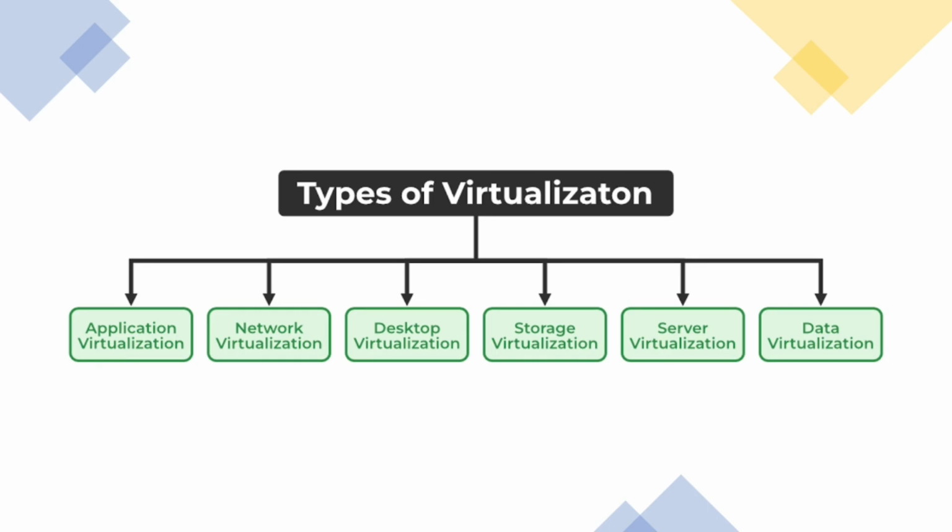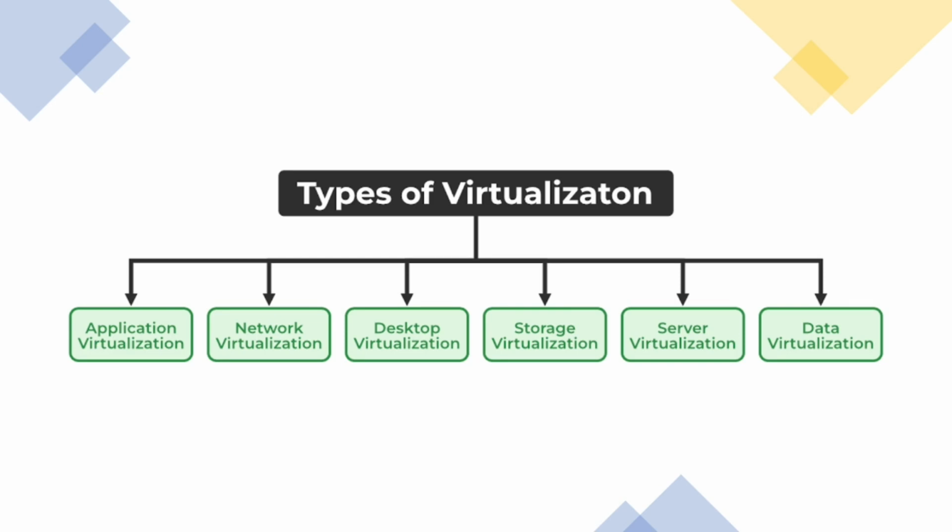Then comes the fifth category, that is server virtualization. In server virtualization, the masking of the server resources takes place. The central server is divided into multiple different servers. Each different server has its own operating system, but they are all located on the same physical server.